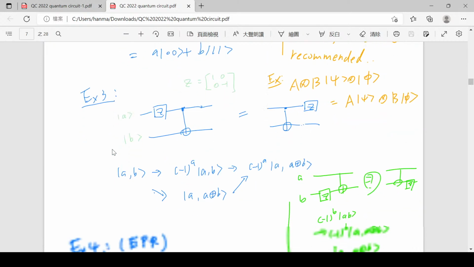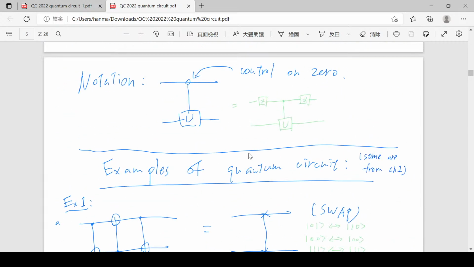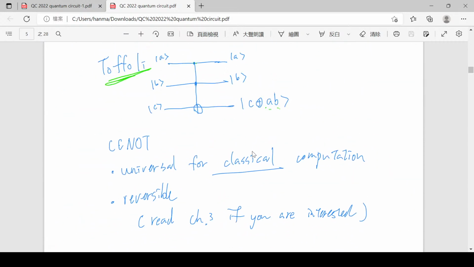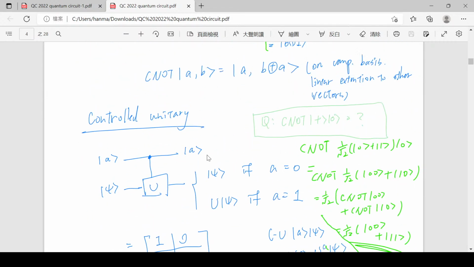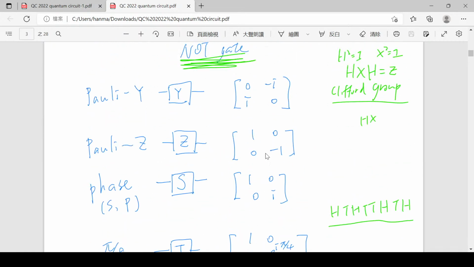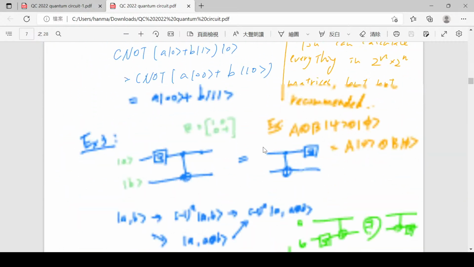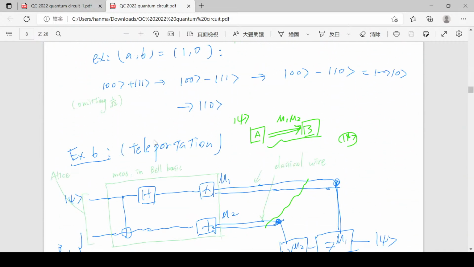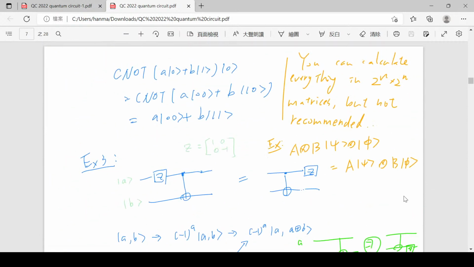All the gates we talk about have a pretty nice representation on the computational basis; we all see how they act on it. So you write down the states in the computational basis, then you apply gates one by one using this principle.